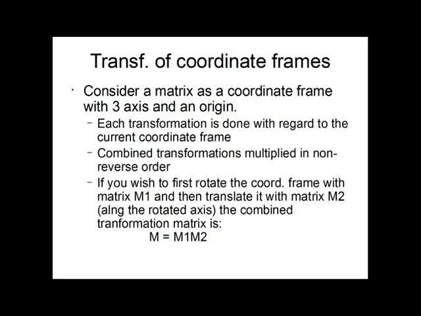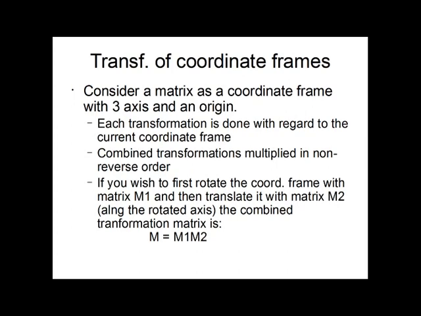The transformation of coordinate frames works a bit differently because we want to imagine that we're not transforming the point, but we actually don't use the point just yet. We're transforming the coordinate frame first, and when we've done enough transformations of the coordinate frame, then we draw the point into that new coordinate frame, and the result will be new coordinates for the same point. It's the same point in space, except the coordinates we put in are its coordinates in the local coordinate frame, but the coordinates that we get as a result are the coordinates for that point in the global coordinate system.